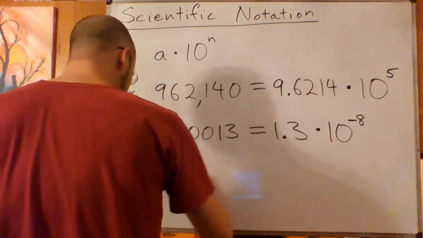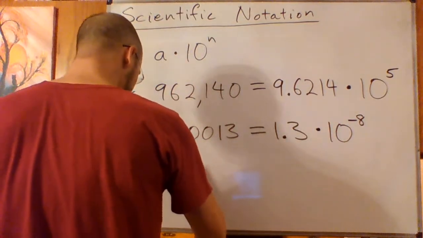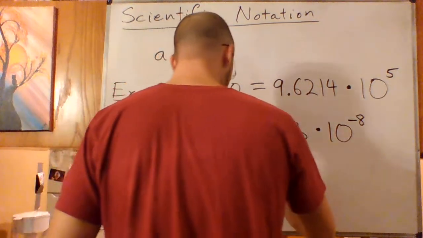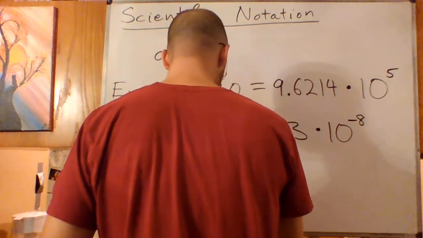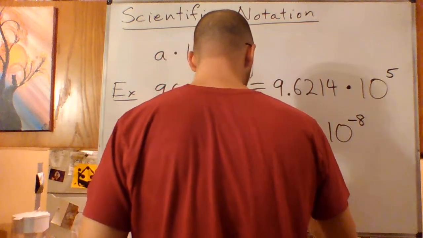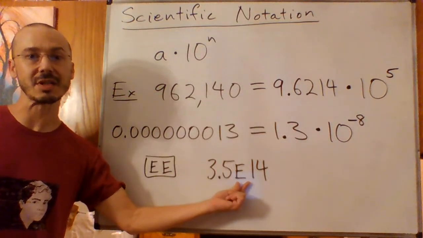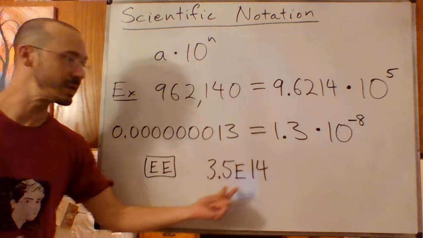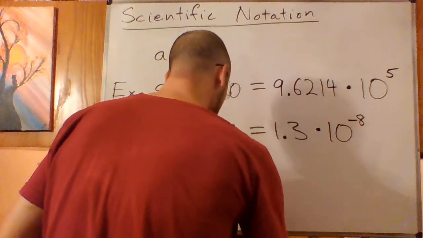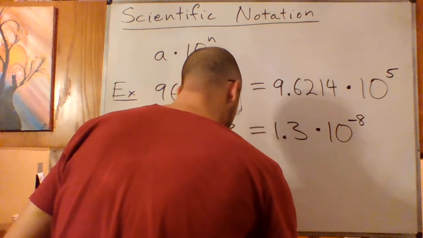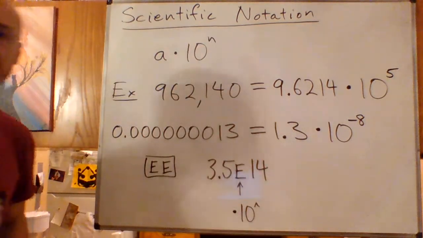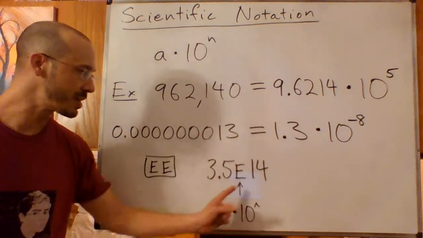Now on your calculator, there are keys like E and notation with a capital E on the display. That means times 10 to the this power.